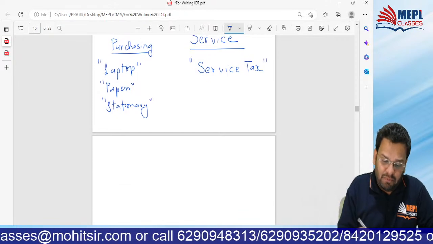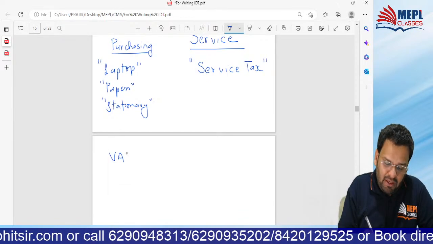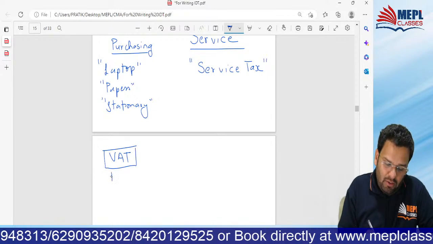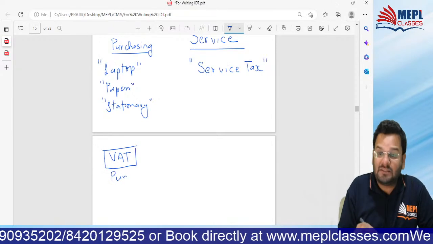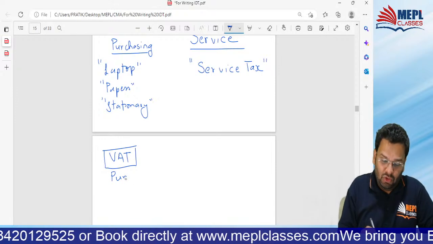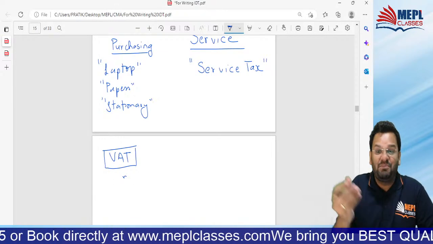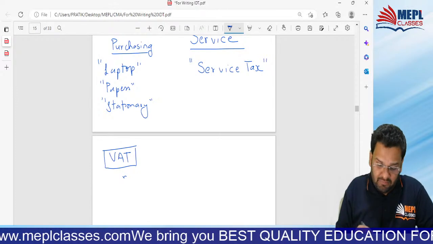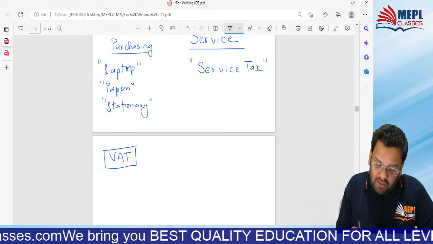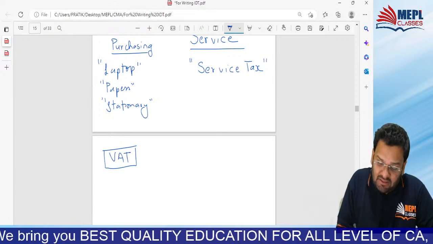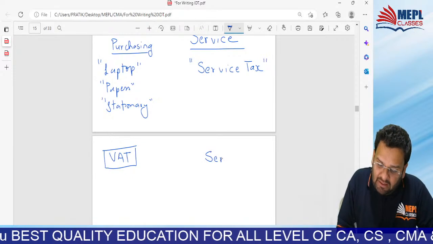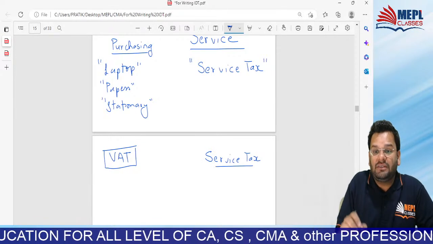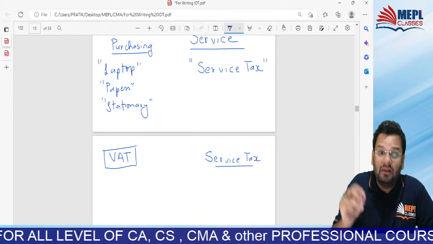On all these purchases, it is paying VAT. So on purchases it has paid VAT, but on its outward supply it has to pay service tax.